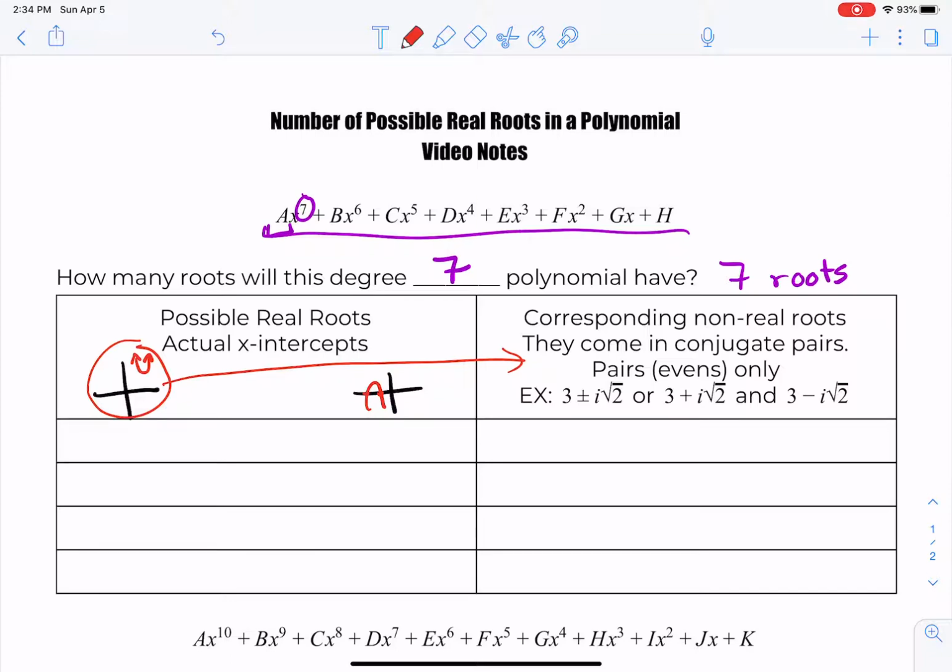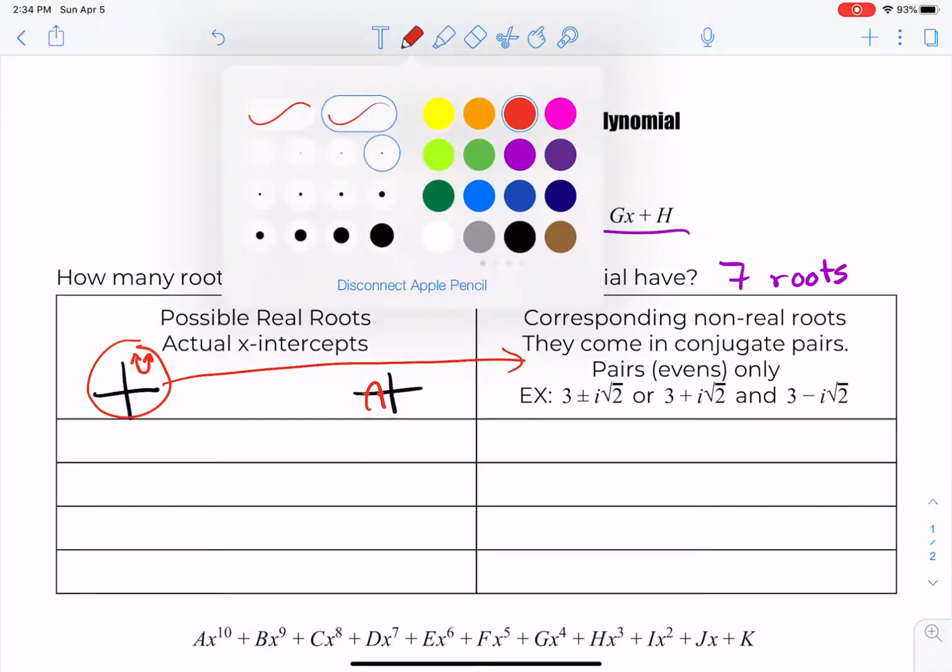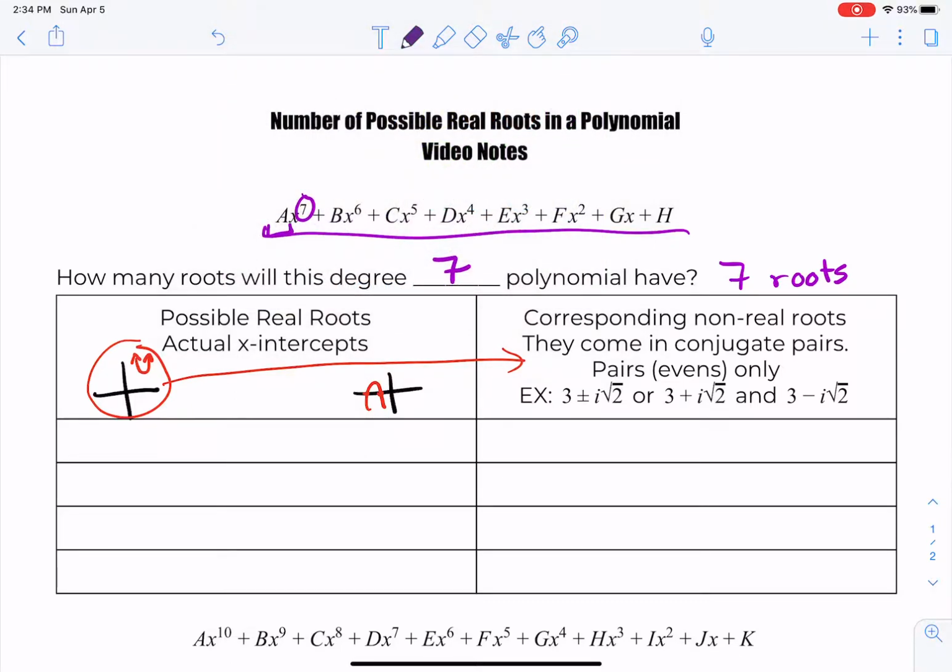So there's quite a few possibilities when you think about a degree 7 polynomial, right? Let's say we have 7, because we know it could cross the entire number of times. That would leave me no non-real roots or irrational roots, right? And when we're talking about these roots, we're thinking about things like we would get when we talked about our quadratic.